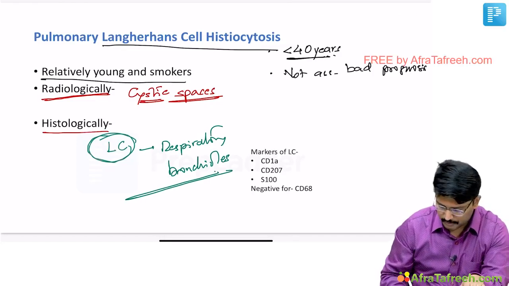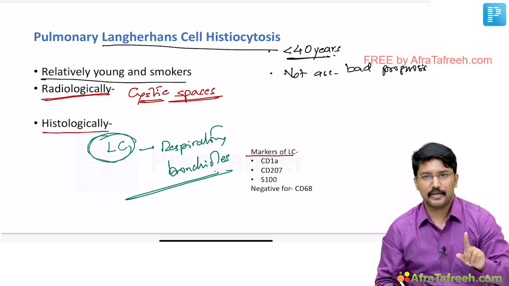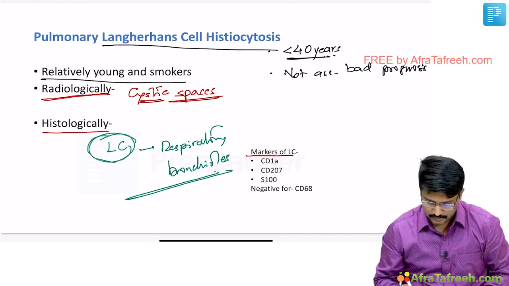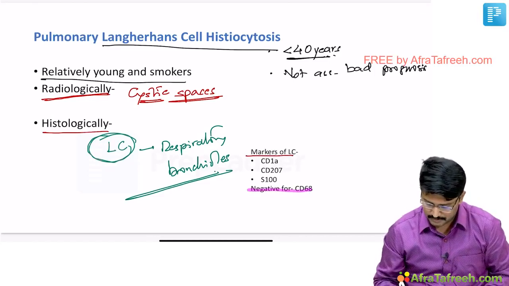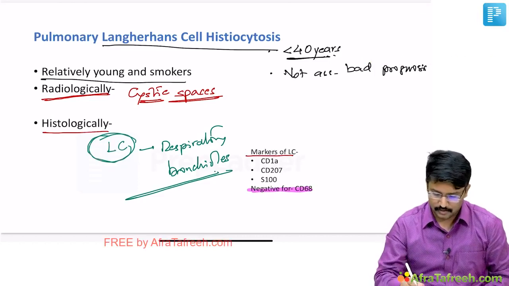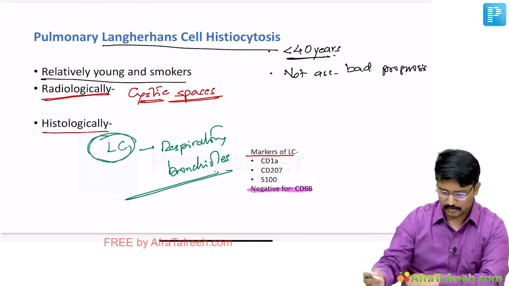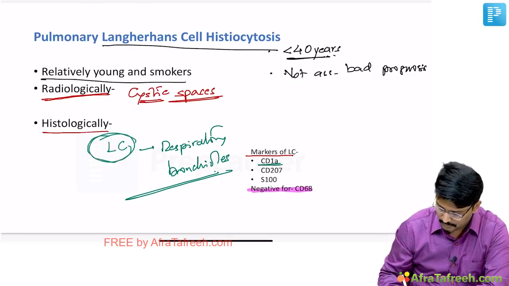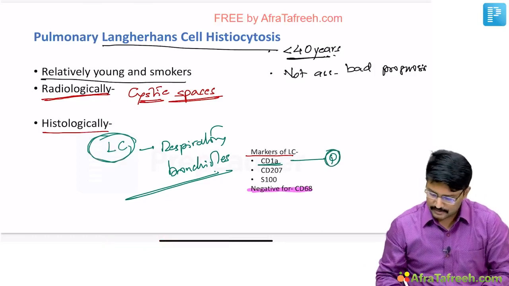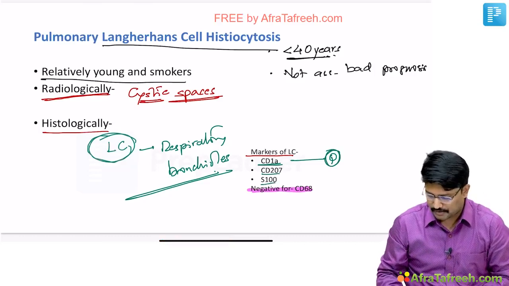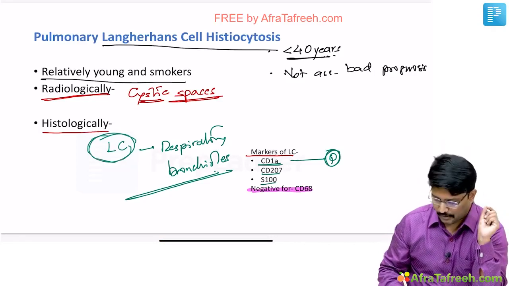And when we subject them to marker analysis, we find one interesting finding, that is, it is negative for CD68. The most commonly employed marker is CD1a. This is an entrance exam point, a must remember. The Langerhans cells in these patients may be positive for CD207 and S100.